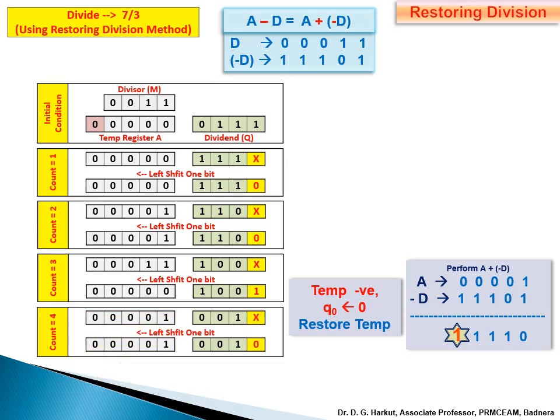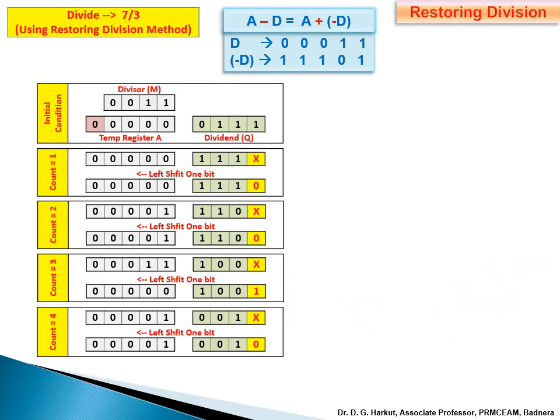We reach the fourth iteration. At the end of fourth iteration, 4 being the number of bits in dividend, content of register A gives remainder and content of register Q gives quotient.